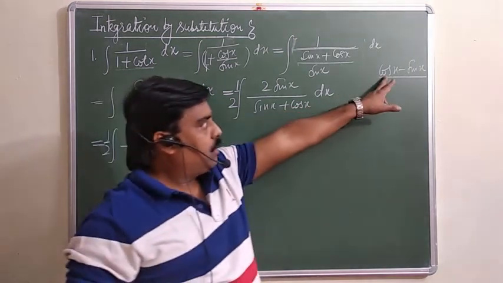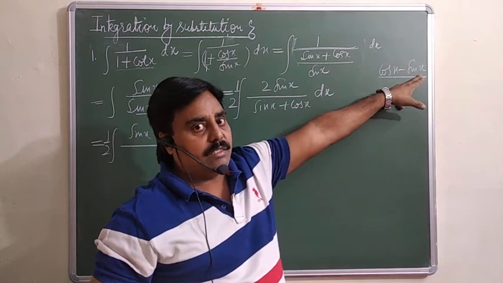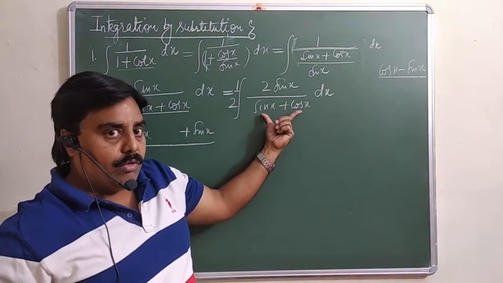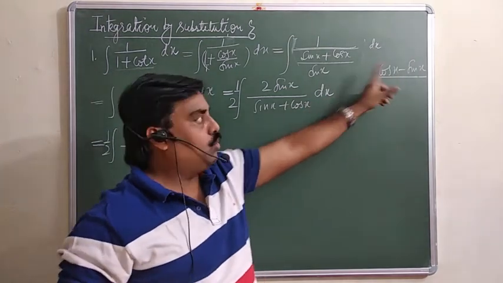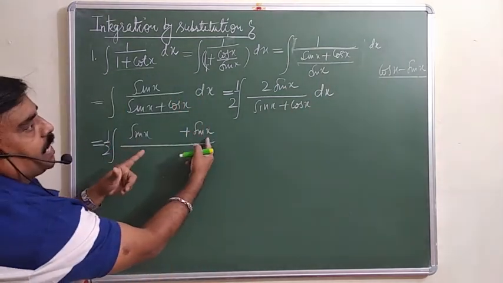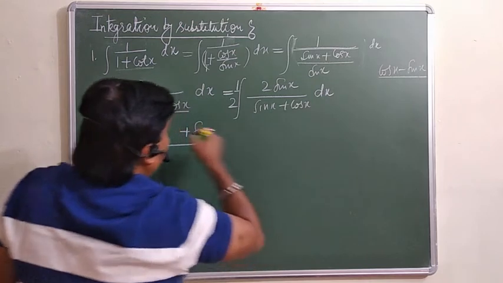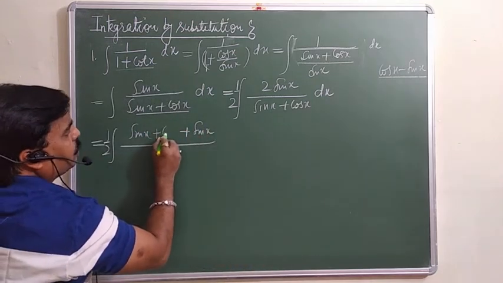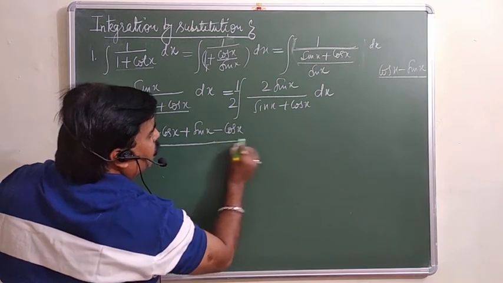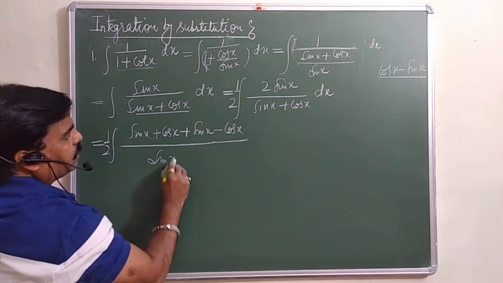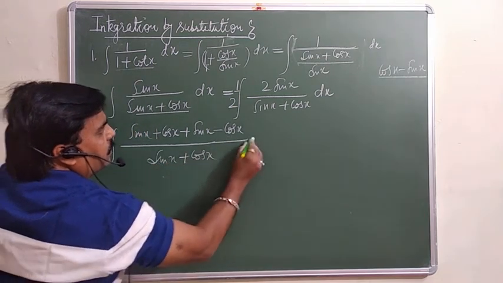But what do you need? You need cos x minus sin x, because if you are going to substitute this is equal to t, then the derivative of this one will be this one. So you need this one. Now here sin x plus sin x is coming. You need cos x minus this one. So what we can do? We can add cos x and subtract cos x here, whole over sin x plus cos x dx.